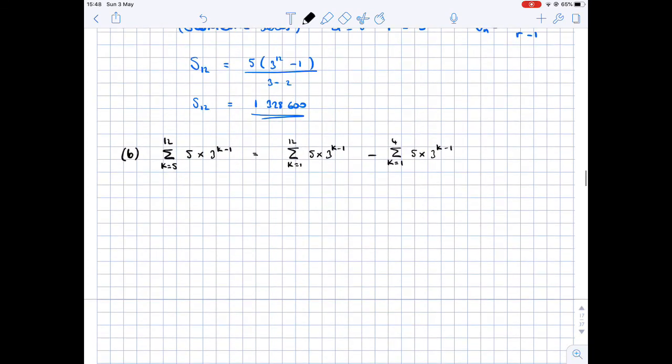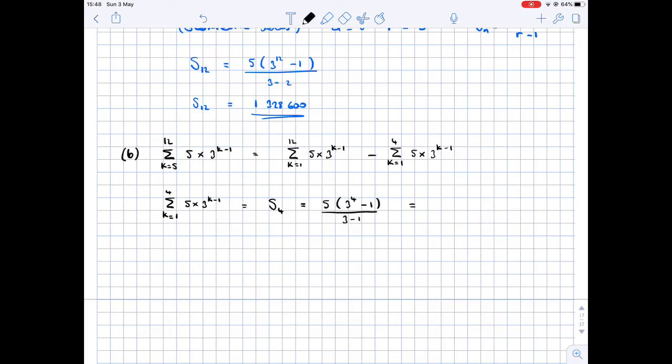So the sum from k equals 1 to 4 is equal to the sum of the first 4 terms of the geometric series, where the first term is 5, the common ratio is 3, this time 4 terms.